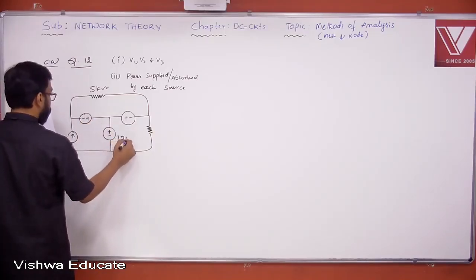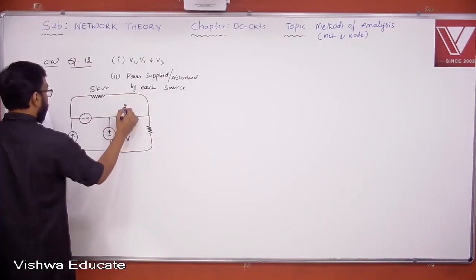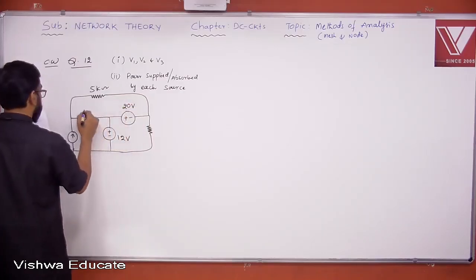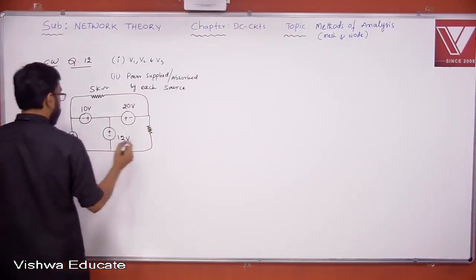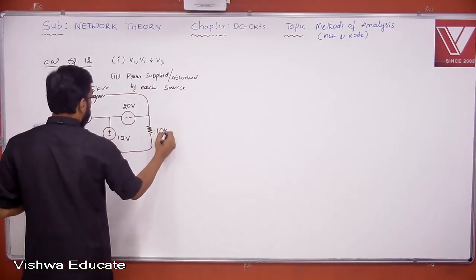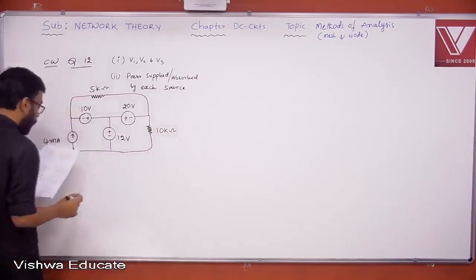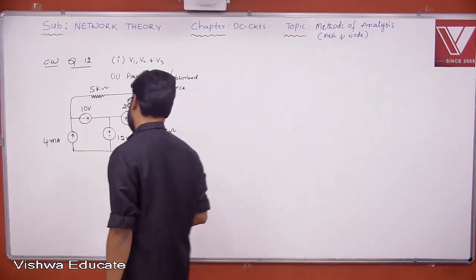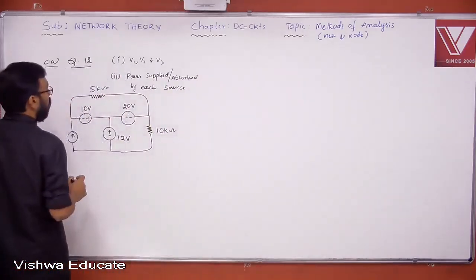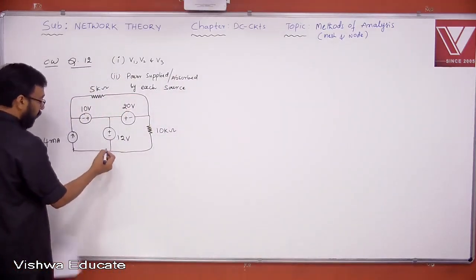This is 12 volt, 20 volt, 10 volt, 4 milliampere, 10 kilo ohm. Okay. So he's asking what is V1, V2, V3.